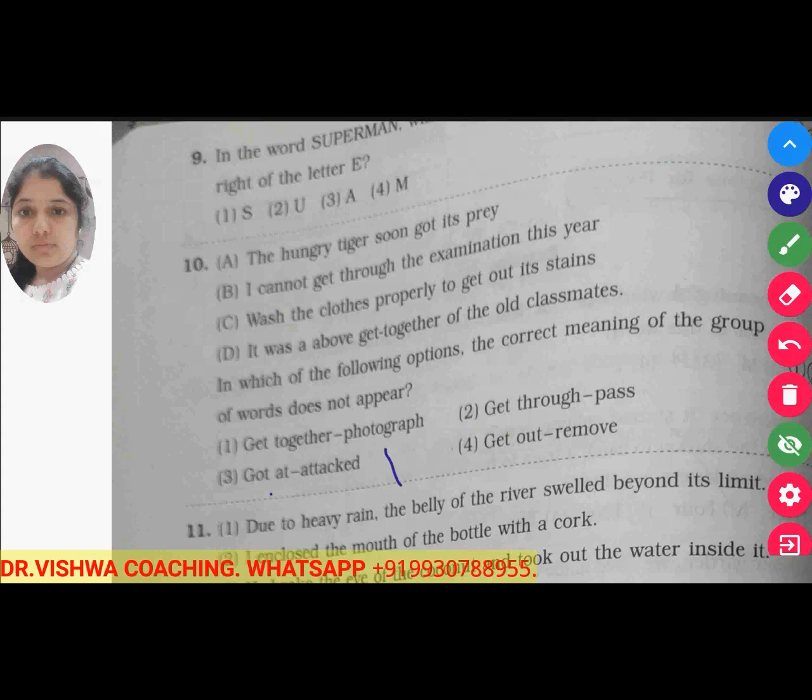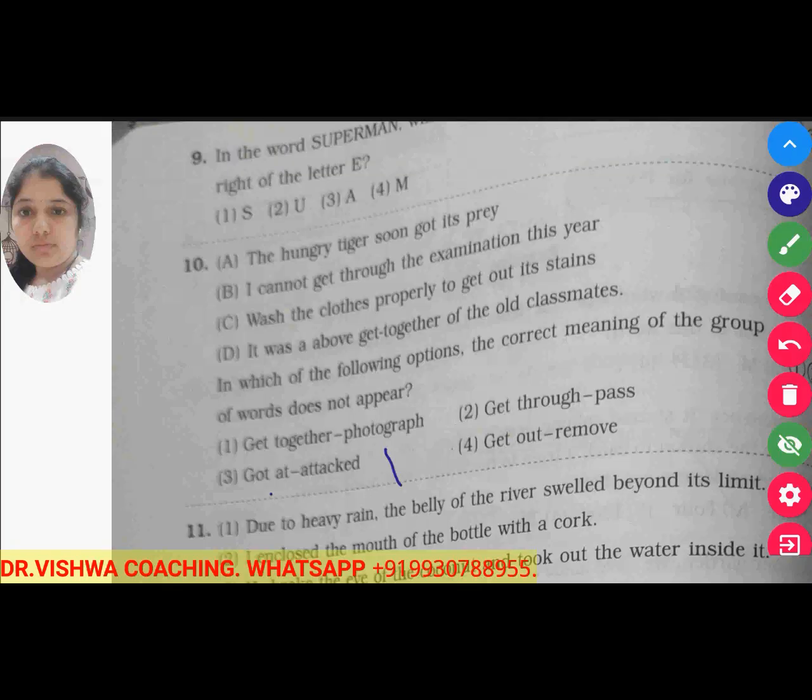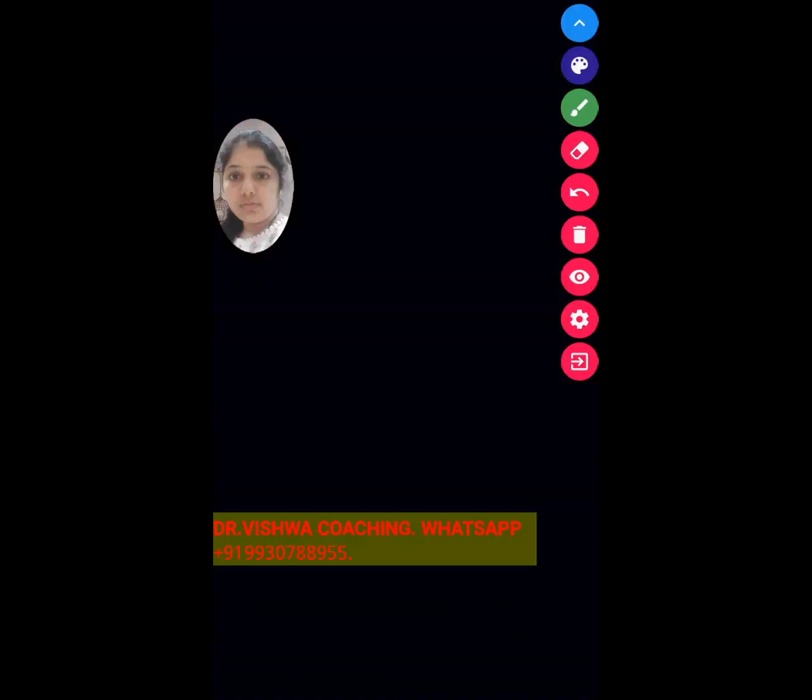So here option number D, so all the options are showing like add-ons, and here get out is not the add-on but the noun.